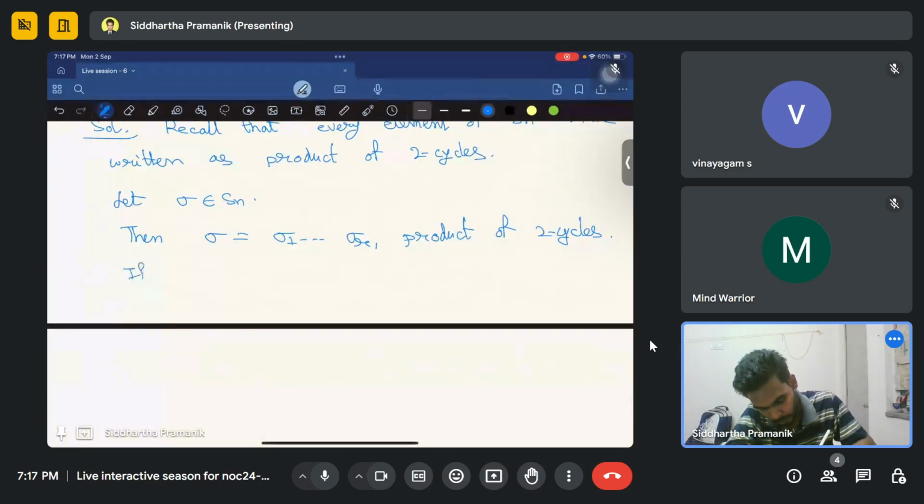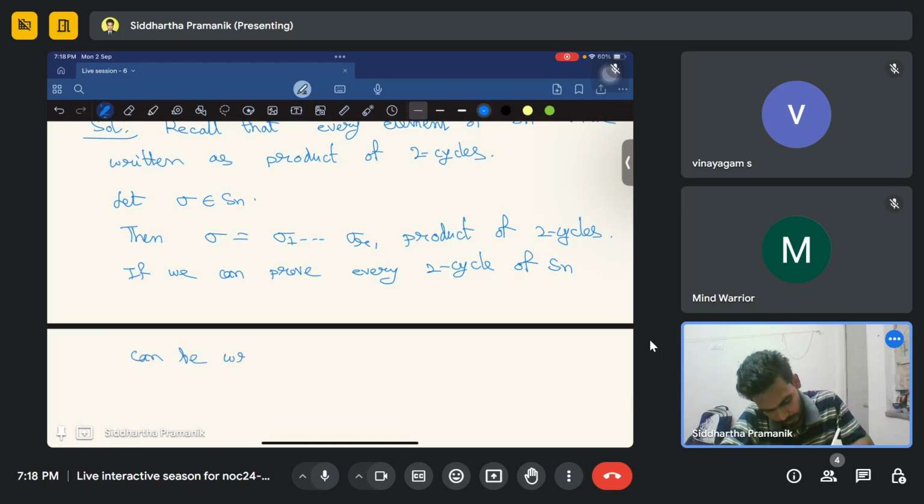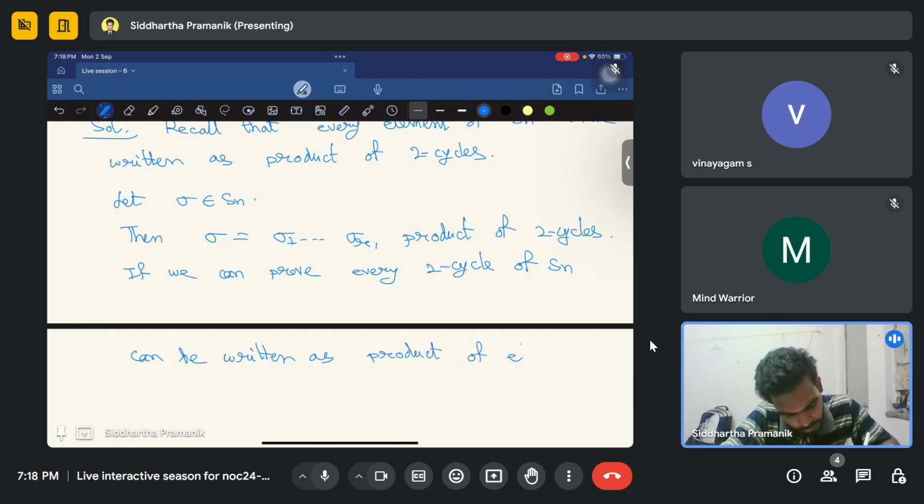So if we can prove every two cycle of Sn can be written as a product of elements of the form of this two cycle, then we are done.